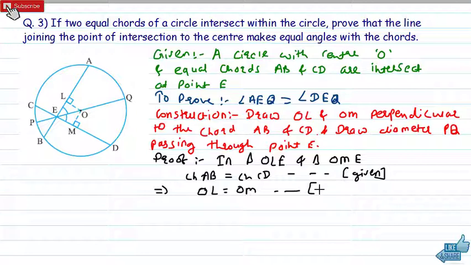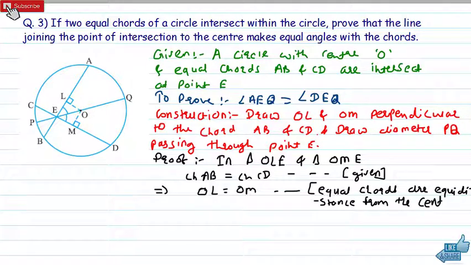Equal chords are equidistant from the center. So the next thing is that they are at 90 degrees.